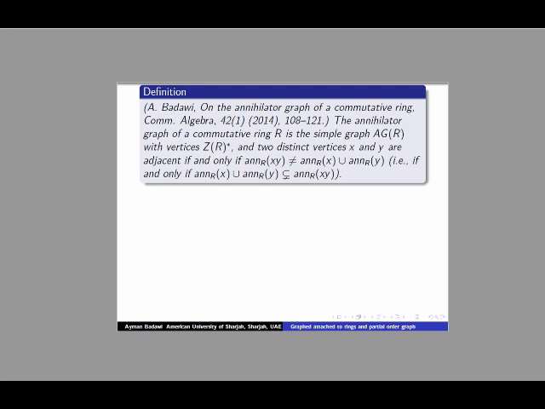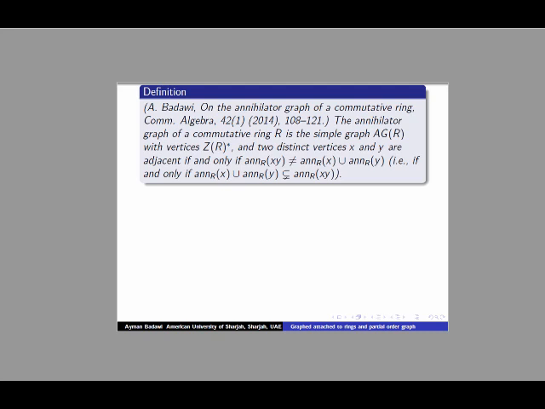Again, if you want to follow my talk, you need to know what I mean by the annihilator graph. The annihilator graph of a commutative ring is a graph, and this is the notation we're going to use, with the vertex set being the same thing, the non-zero zero divisors of the ring.